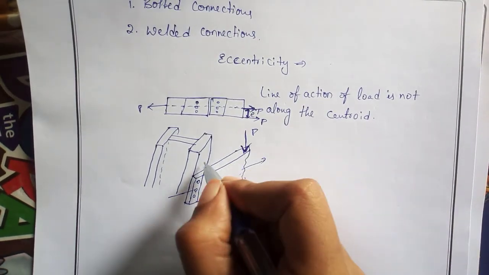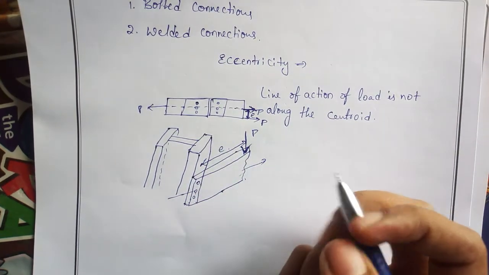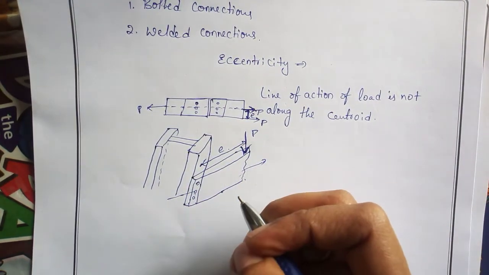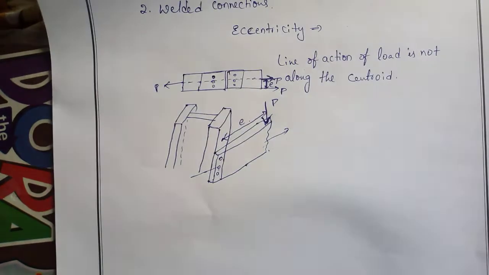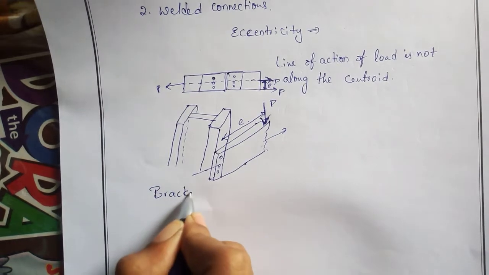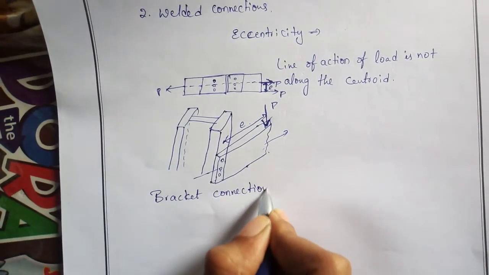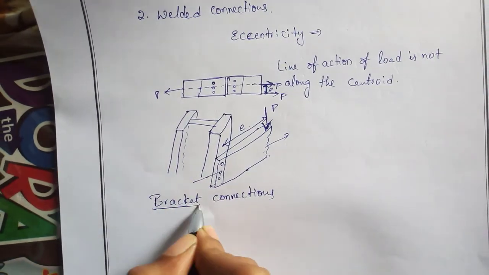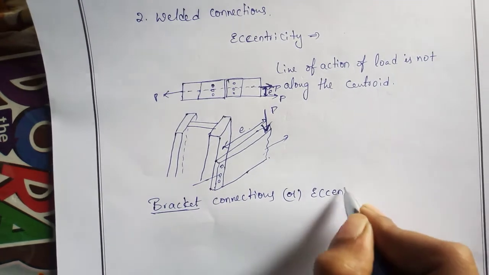Due to this force there will be some eccentricity developed here. So this kind of eccentricity we are going to discuss in this topic. These eccentric connections will also be called bracket connections. Bracket connections or eccentric connections, both are synonyms.